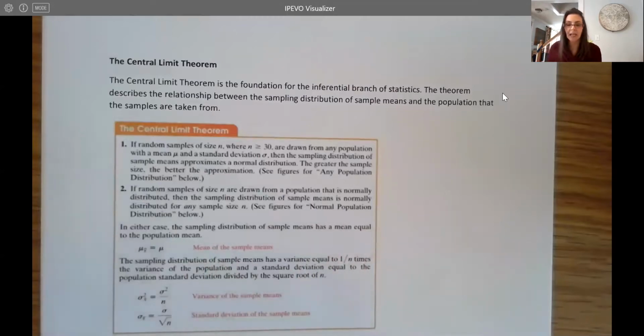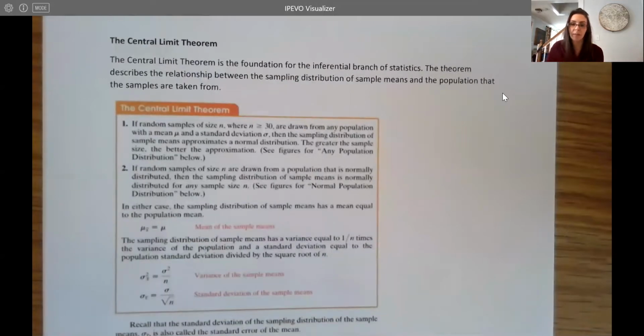So what we're saying is that if we have large enough sample sizes, 30 or larger, and we're sampling over and over again from the same population, doing multiple samples, then those means end up forming more of a bell curve. It's not that the original data is necessarily bell curve shaped, but those means are.